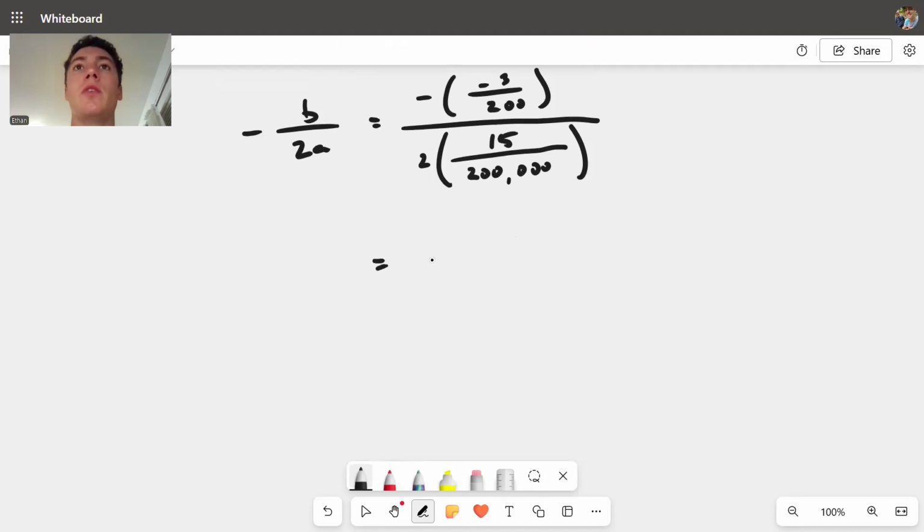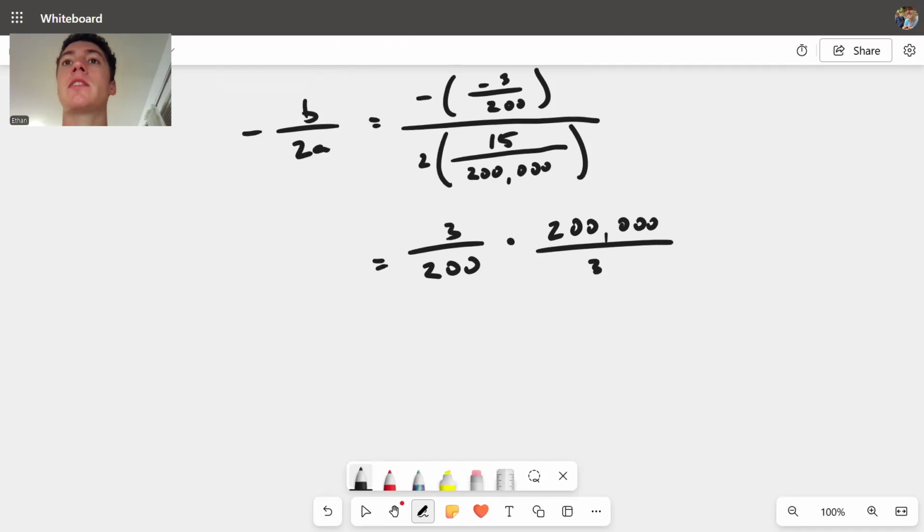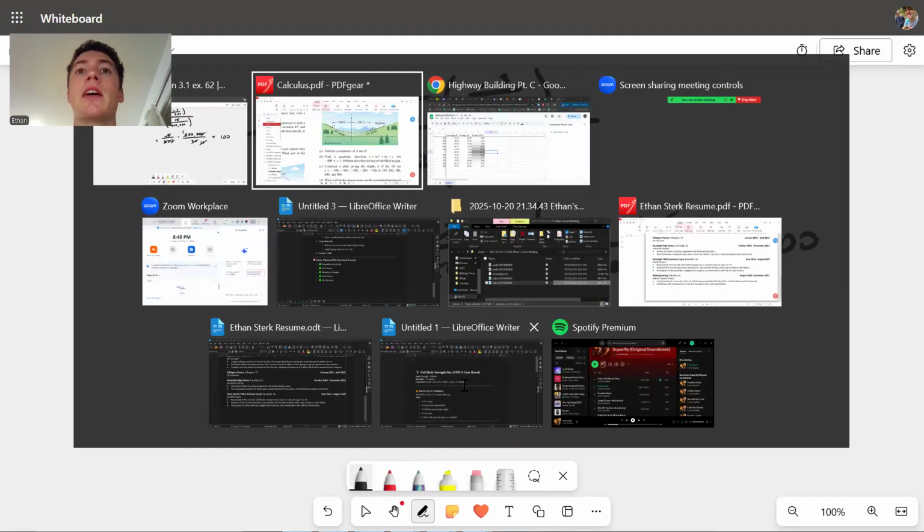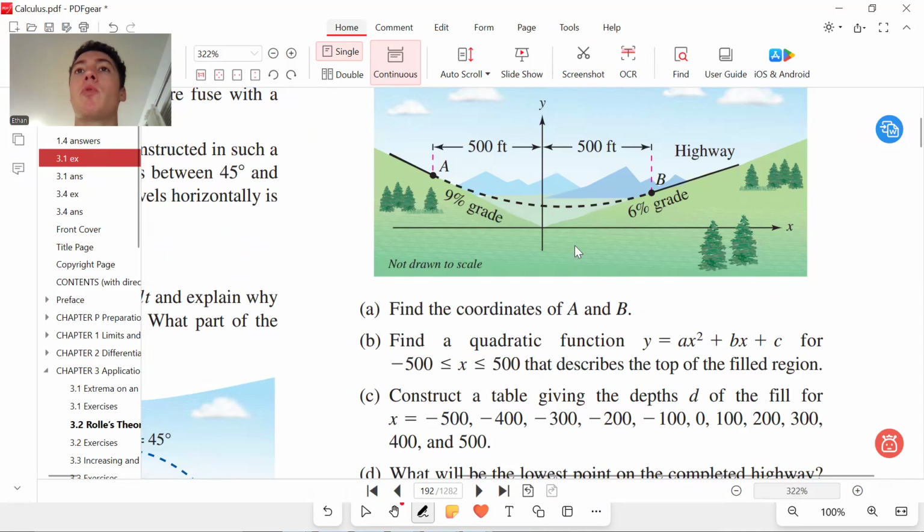So this is equal to, the negatives cancel on the top, and this is just another way of writing this. These cancel, we get a 10. That cancels with one of those zeros. These cancel with 2 of those zeros. That becomes a 1. So 100 is our x value of the vertex, and they're asking us what will be the lowest point.